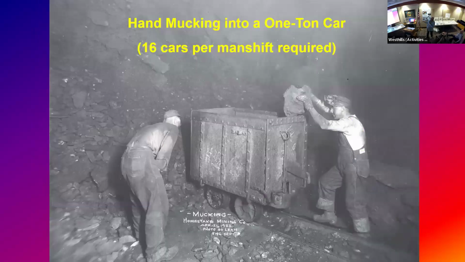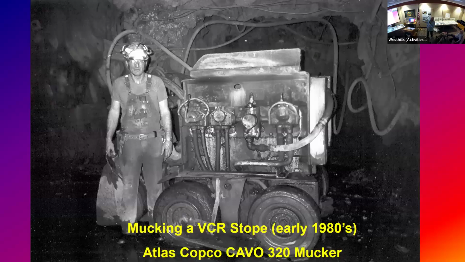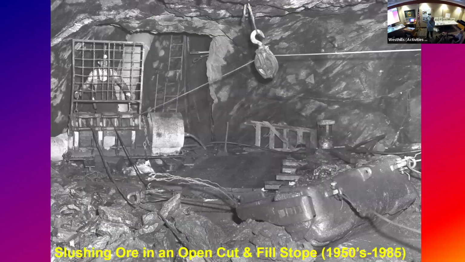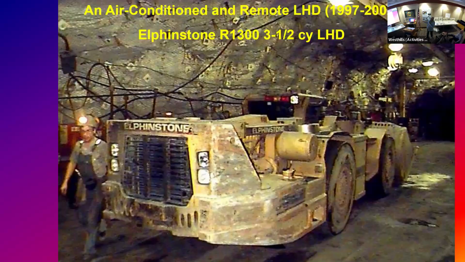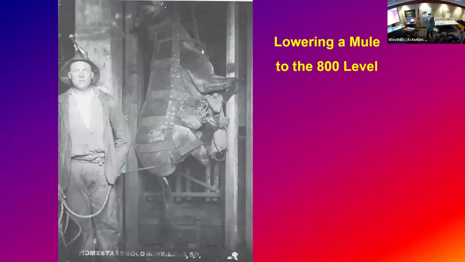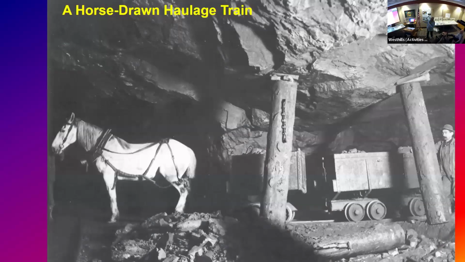Mucking is cleaning up or picking up the rock by hand, overshot muckers of different types and styles, slushing, which is basically a drag line, then front end loaders, including air conditioned filtered air cabs in the later decades, different ways of moving the rock, getting the donkeys and horses up and down the shaft.